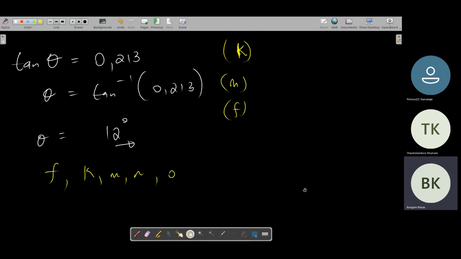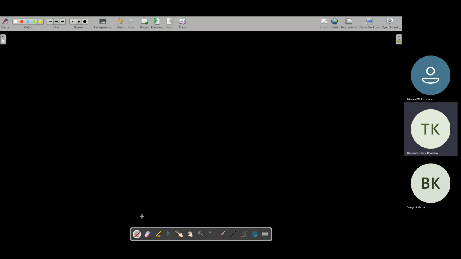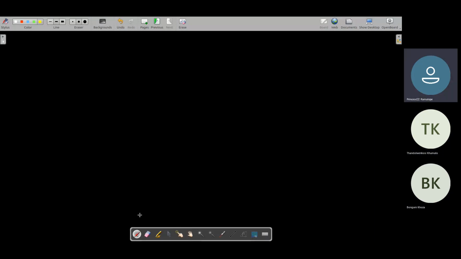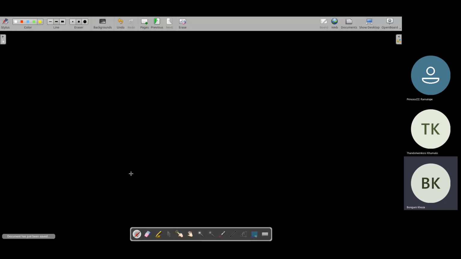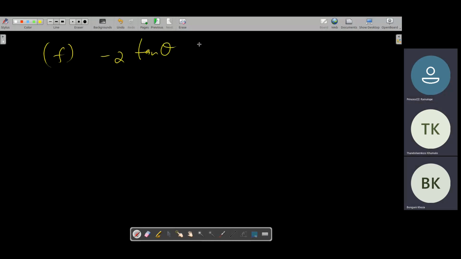So for F, let's start with F. I'm just going to swap so you will see which one is F. So F, this is what you had: minus 2 tan theta equals 3.467.